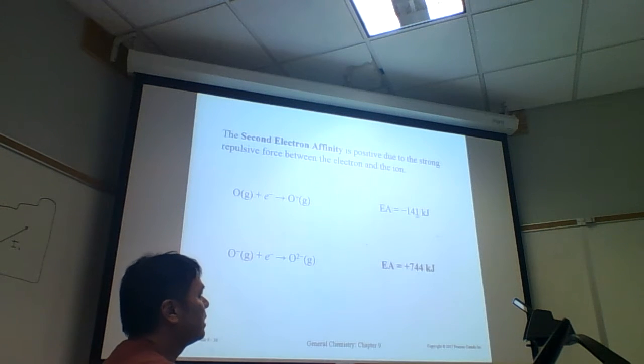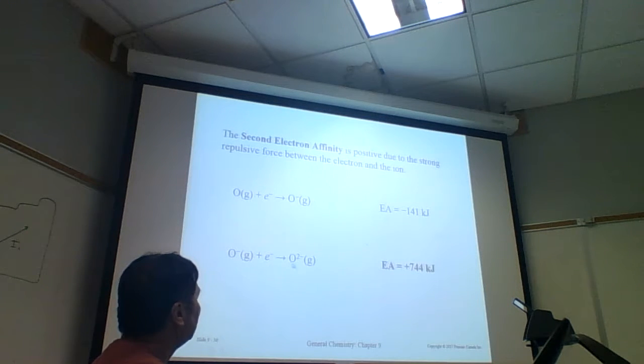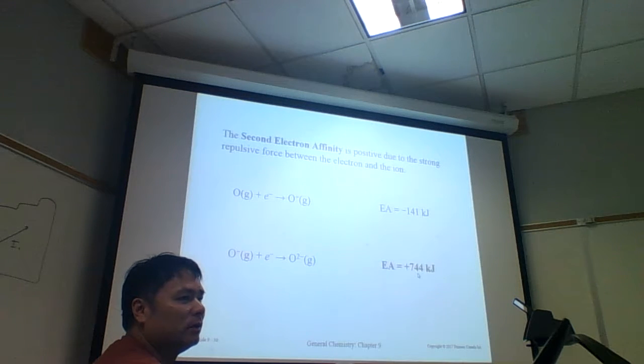It's favorable. It's exothermic, and exothermic is favorable. But if we go from O minus to O 2 minus, we call this EA2, electron affinity 2, and that is plus 744. Is that favorable or unfavorable? Unfavorable. So why is it that we form O2 minus and not O minus?